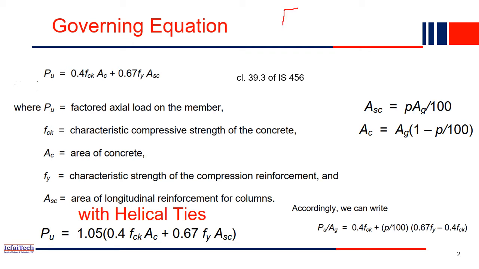This is a column, and the plan view will be something like that, and the loads will be acting at the center, or the CG, of the column. That is our short column, and if the load is acting just at this middle point, then we call it an axially loaded column, right?